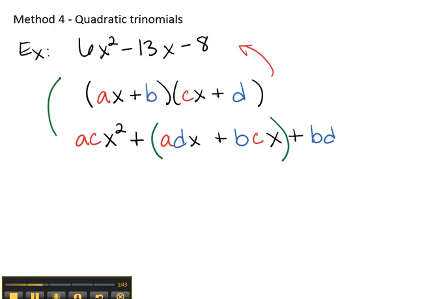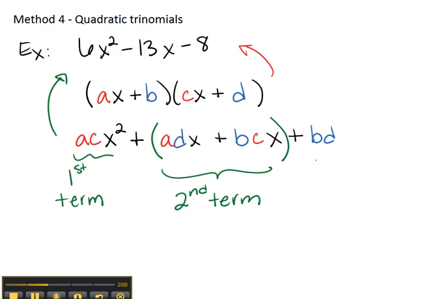In comparing it to the original trinomial, acx squared is our first term, adx plus bcx is our second term, and bd is our third term. And in fact, we can go ahead and reduce this second term a little bit right now.